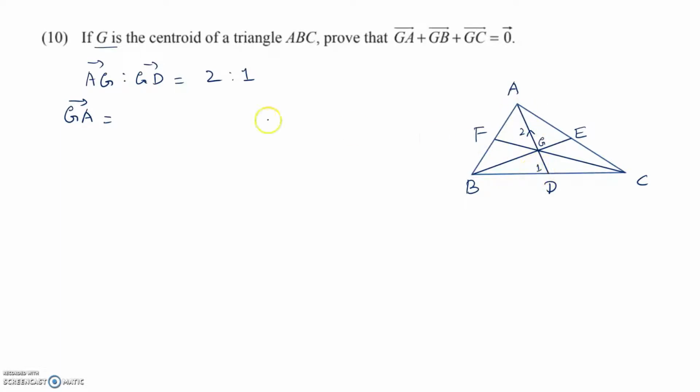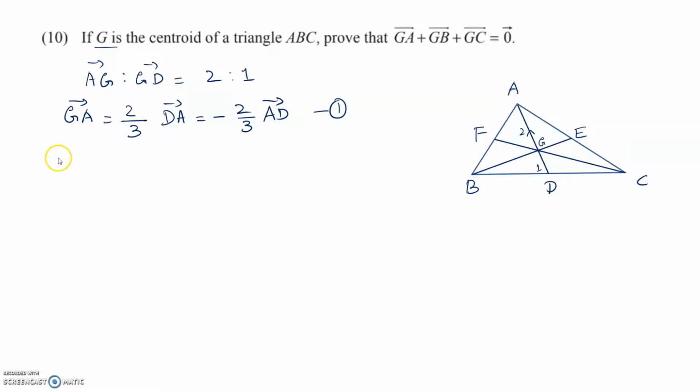So we can call this 2/3 of DA vector, right? So if we change the direction of DA to AD, this will become minus 2/3 of AD vector. So that's our GA. Let's mark this as our first thing.